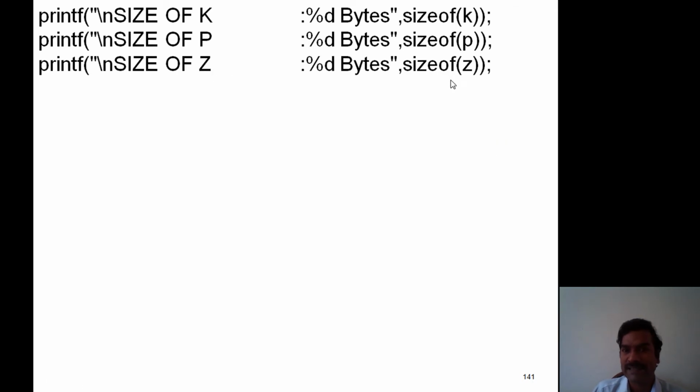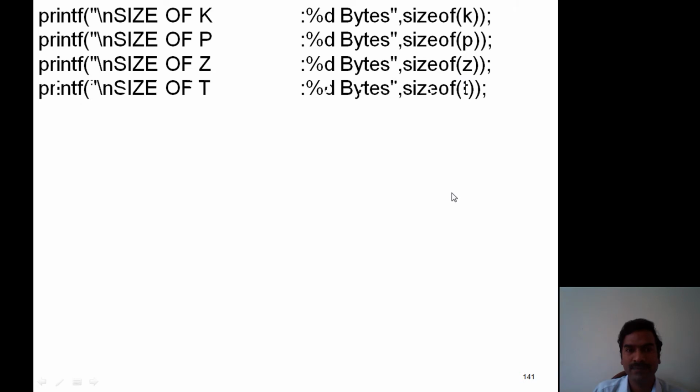Variable z size, sizeof z. Now t variable size, sizeof t. Now what is the output? k is what type of variable? Integer, then 2 bytes. p is a character variable, 1 byte. z float, 4 bytes. And t double, 8 bytes.